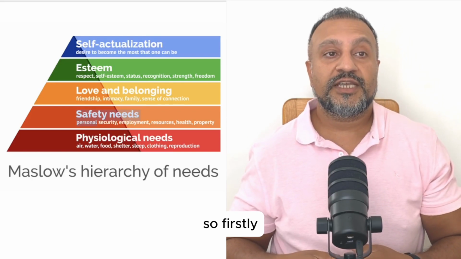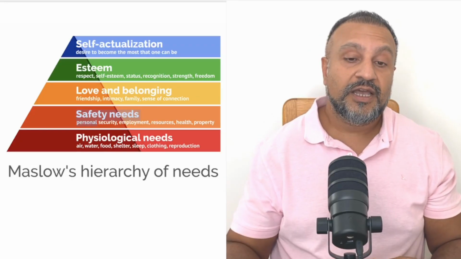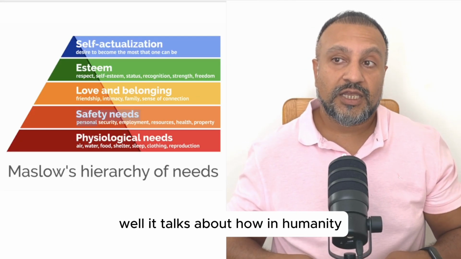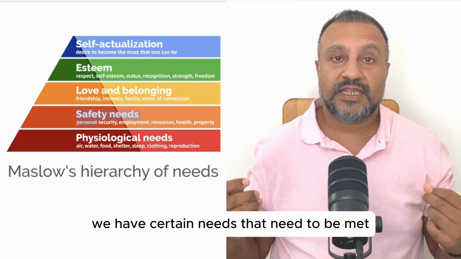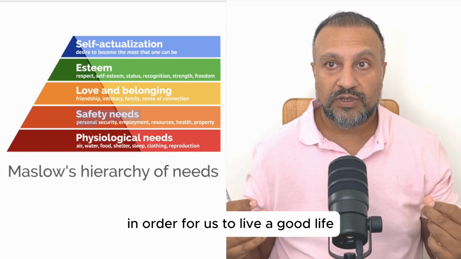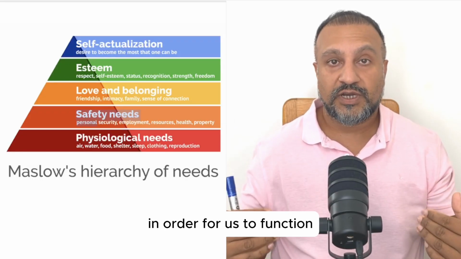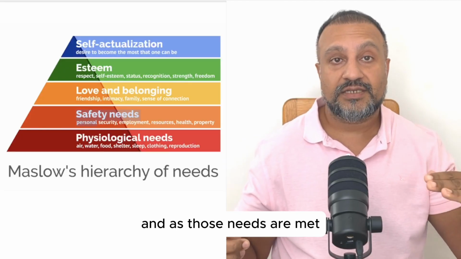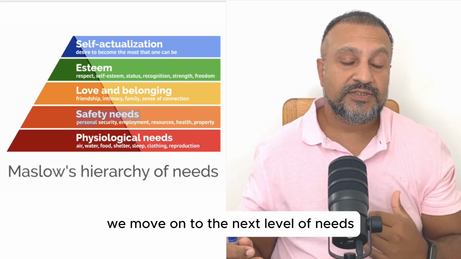So firstly, what is the point of Maslow's hierarchy of needs? Well, it talks about how in humanity we have certain needs that need to be met in order for us to live a good life, in order for us to function. And as those needs are met, we move on to the next level of needs.